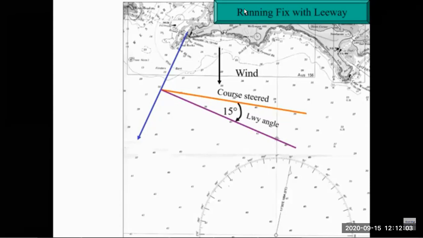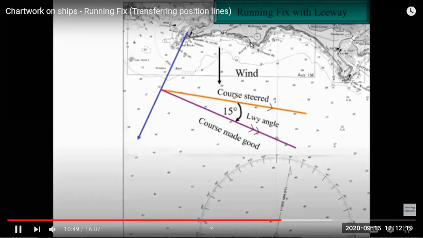So here if the leeway angle is 15 degrees, the ship will go 15 degrees away from the wind, and we will get the leeway track, which is 15 degrees to the southern side of this course.